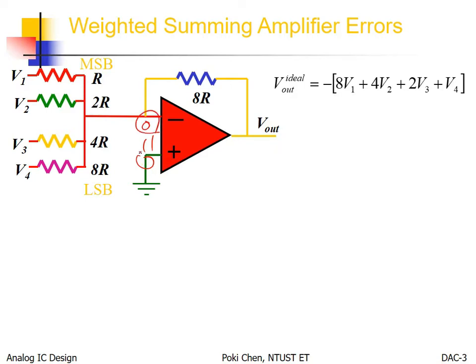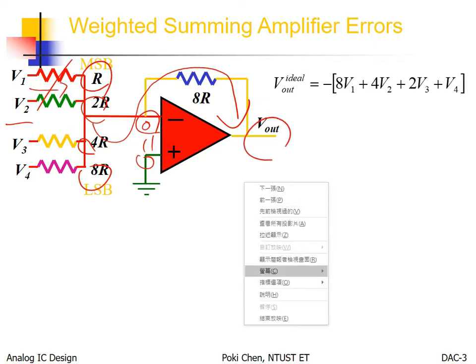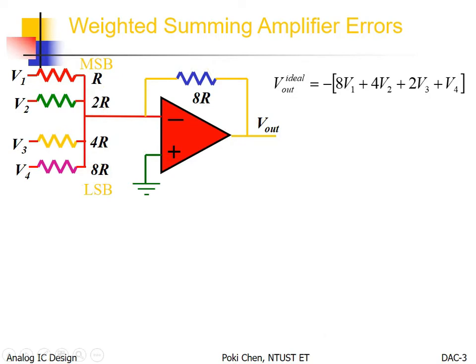I think you already know the result. The current here is V1 divided by R, and then V2 divided by 2R, 4R, and 8R. All those currents will flow through 8R to the output. According to the superposition principle, if I'm V1 and all the others are zeros, it will be multiplied by 8 times.